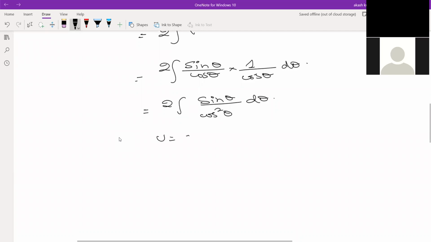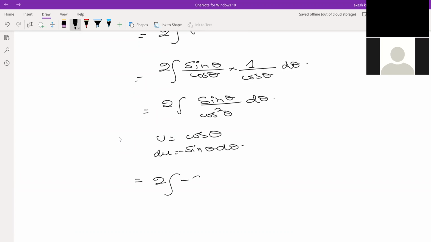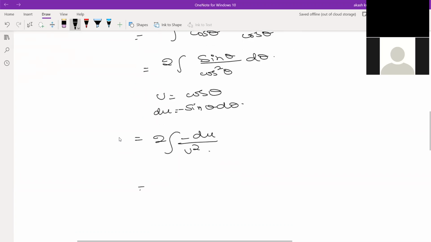Taking u as cos theta, the derivative of u is du and the derivative of cos theta is minus sine theta d theta. So instead of sine theta d theta, I can write minus du. Instead of cos squared theta, I can write u squared. And so taking the minus sign out and writing u to the power minus 2 du.